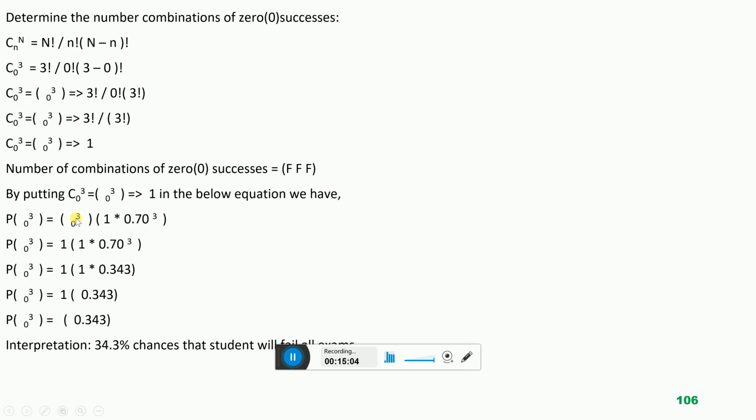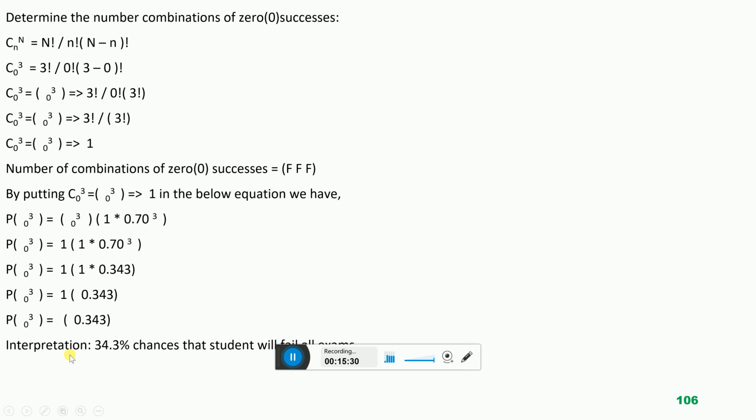So we put 1 for C(3,0), and 0.70 raised to the power 3 as it is. P(3,0) is equal to 1 multiplied by 0.70 raised to the power 3, which gives us 0.343. So P(3,0) is equal to 1 multiplied by 0.343, which is 0.343.